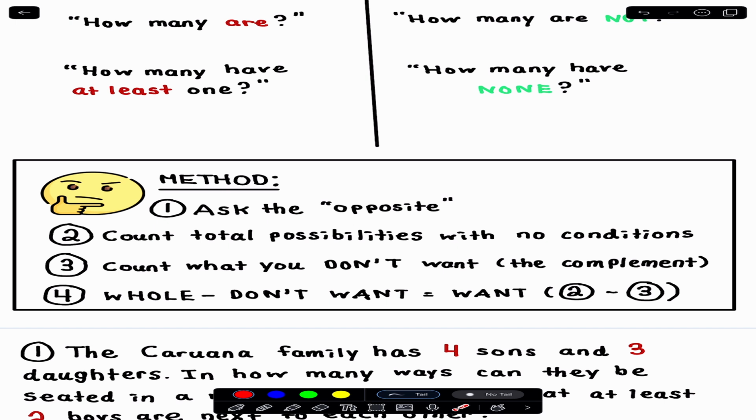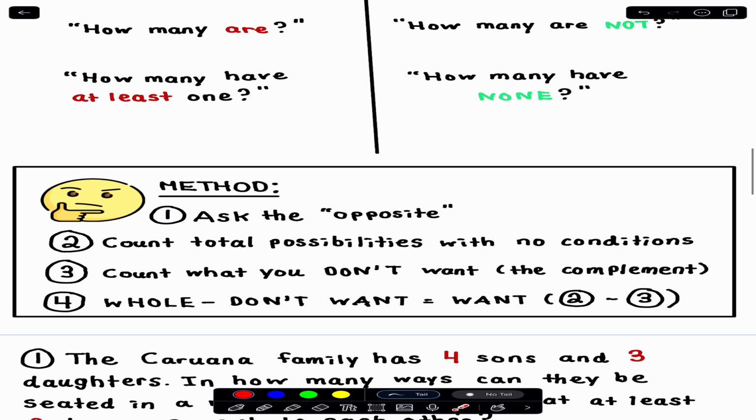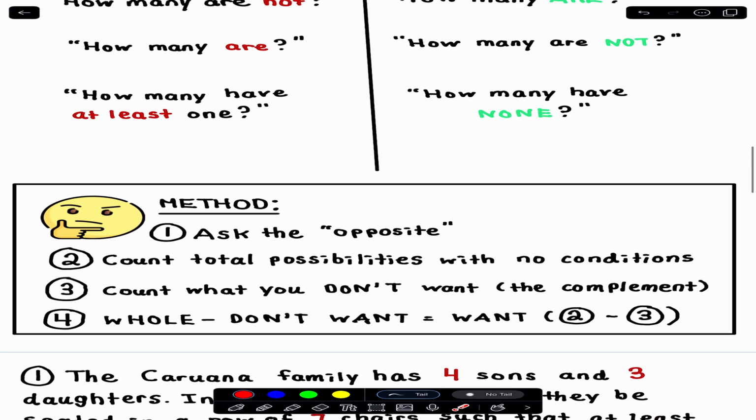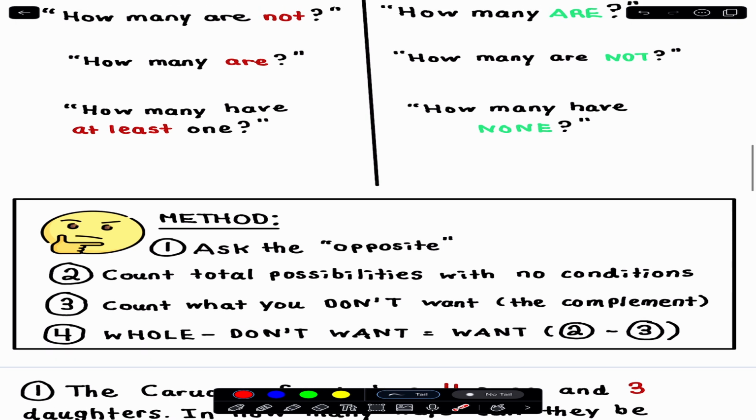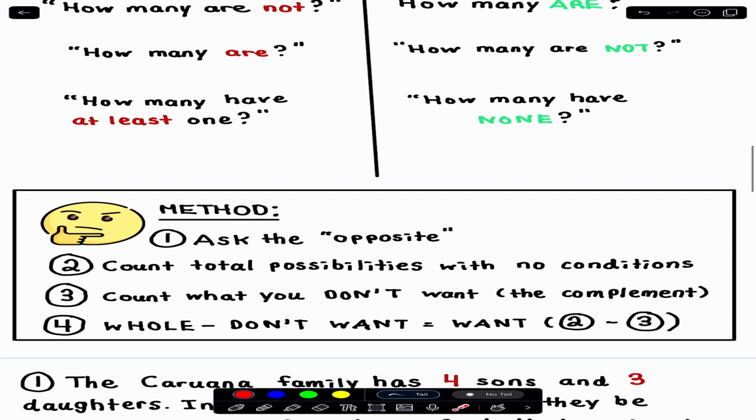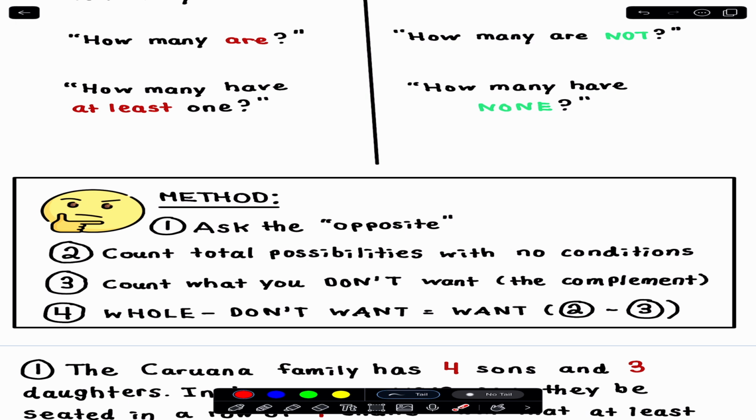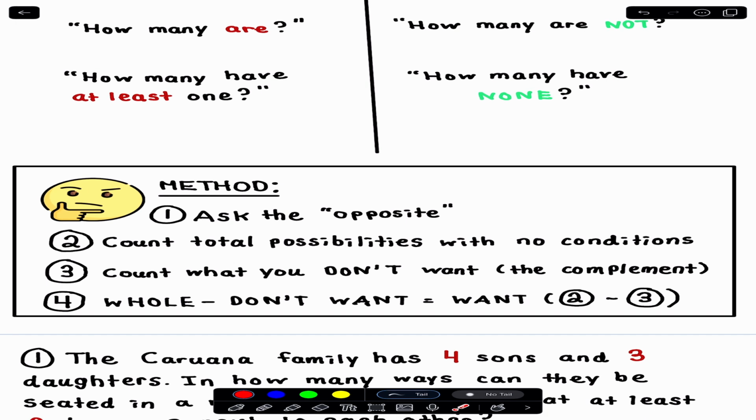Your second step is to count the total possibilities with no conditions. The reason we focus on the total possibilities first is because what I found when I approached complementary counting is I would count what I didn't want, but then I would forget to subtract from my total possibilities.